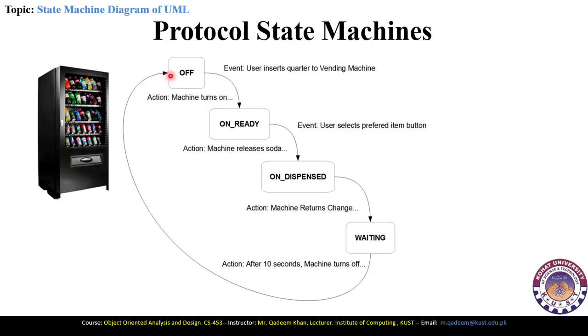Now, the difference between the behavioral state machine diagram and the protocol state machine diagram is that in the behavioral state machine diagram, you can see the states are actions in the form of a verb. But here you can see off, on ready, on dispensed, waiting. All these are represented in the form of labels where the actions have already been taken.